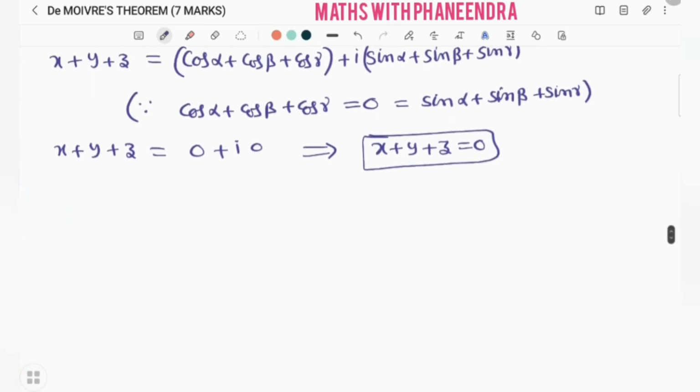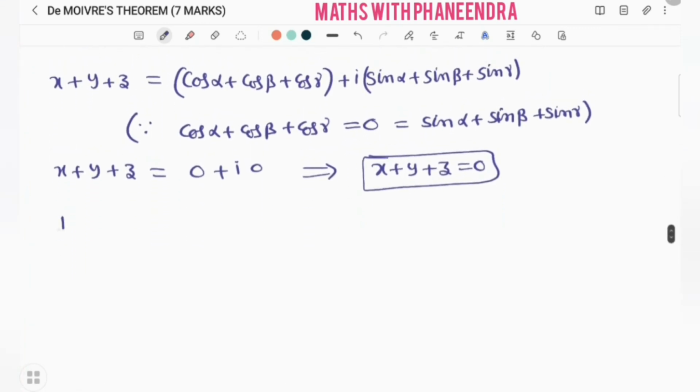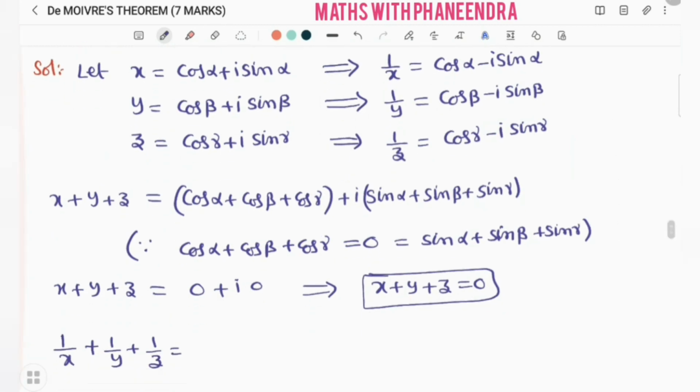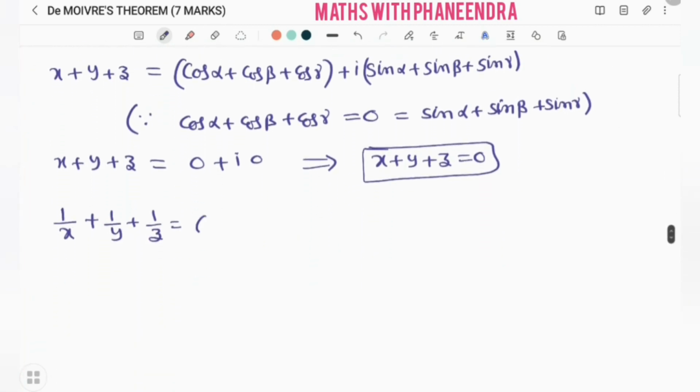Similarly, calculate the reciprocals also. I already said 1 by x plus 1 by y plus 1 by z. While adding the reciprocals, first take all real parts, minus i take common. So cos alpha plus cos beta plus cos gamma minus i into sin alpha plus sin beta plus sin gamma.